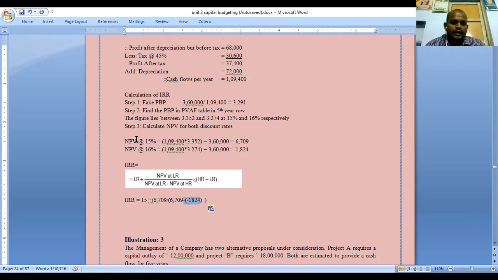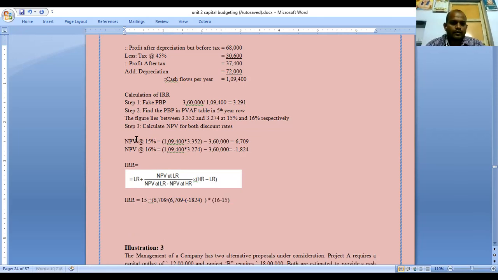So NPV at higher rate is already in minus. So minus into minus plus. So the difference, we'll just mention the difference also. Minus into minus plus comes around 8,533.